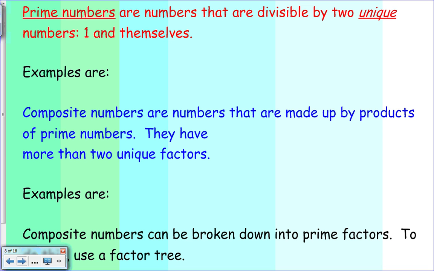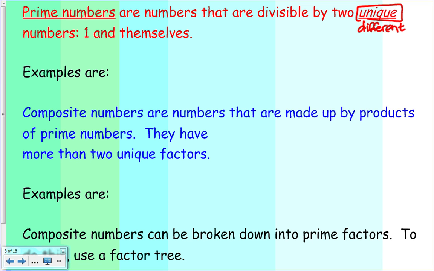So a little bit of vocabulary before we move on to the next thing. Prime numbers are numbers that are divisible by 2 unique numbers. In other words, 2 different numbers: 1 and themselves.